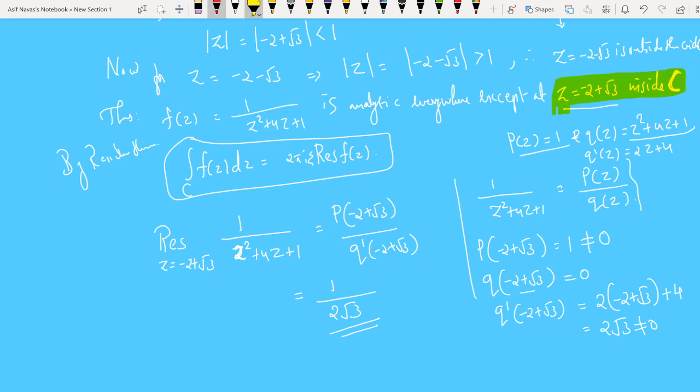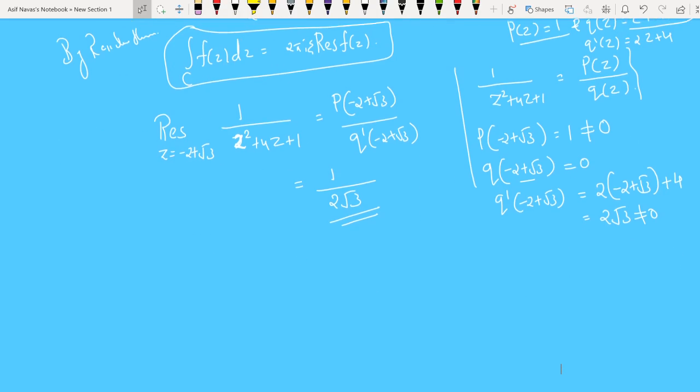So now we will find the integral. What is the integral? The integral over C f of z dz is equal to 2 pi I into the sum of residues of f of z.